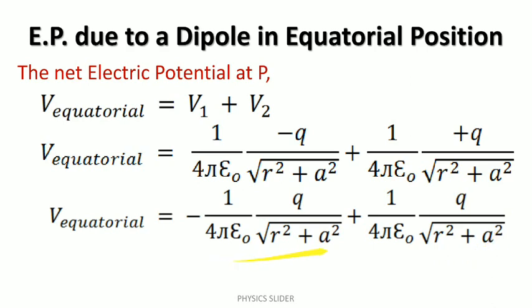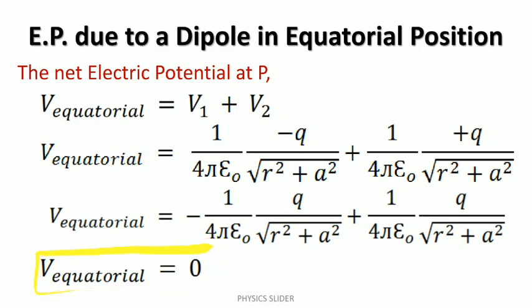You can see these two terms are identical but opposite in sign. So the resultant of these two terms, when we add them up, will be 0. So the electric potential due to a dipole in equatorial position is 0.